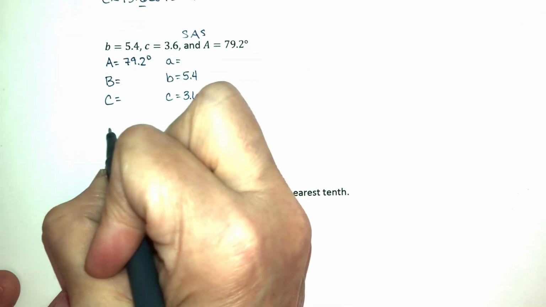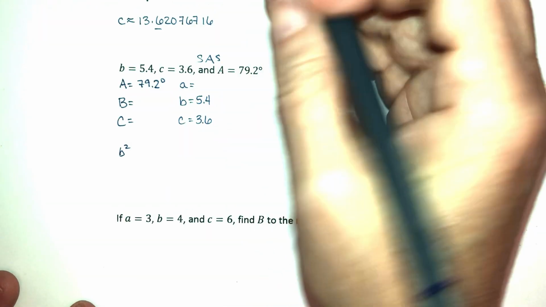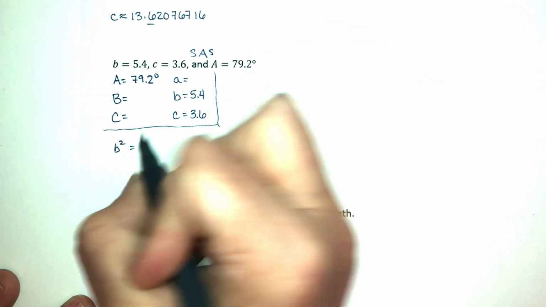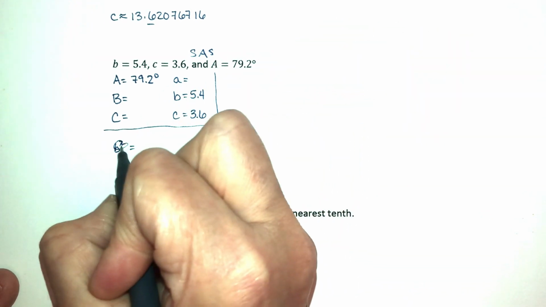So if we're going to find side B, we need B squared is going to equal, no, we need side A, I'm sorry.